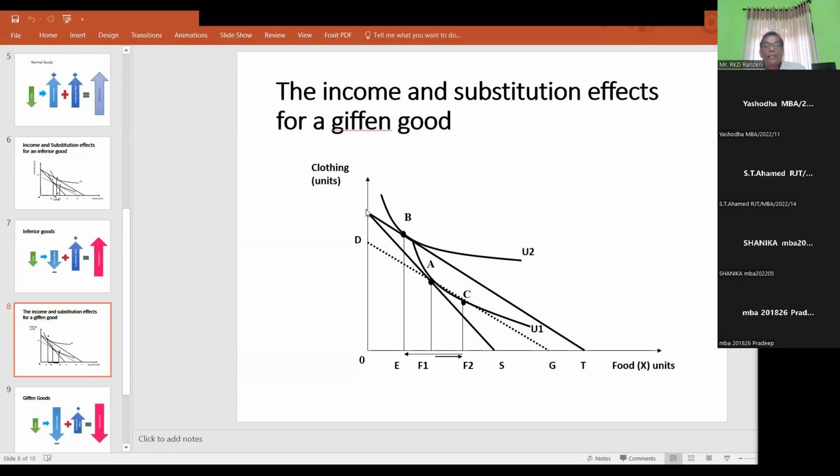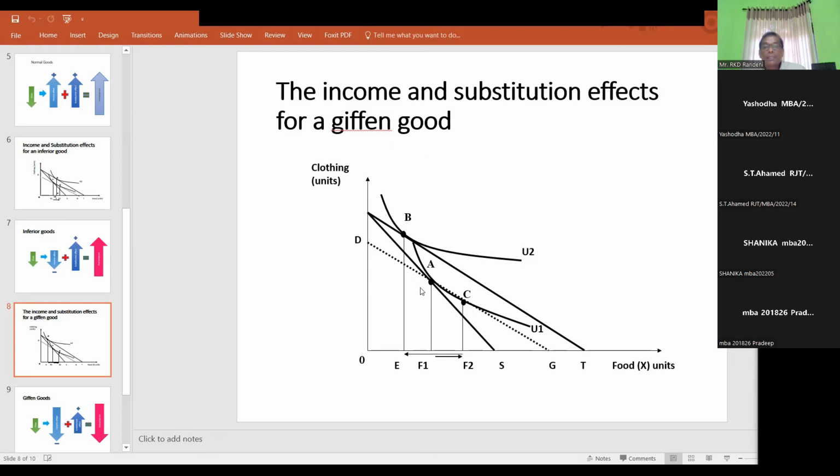We will put here to here the new budget line, that earlier initial budget line. Now indifference curve 1, this is the tangent point. Quantity demanded F1. Then according to the given concept, the price of food X is reduced, so he can buy more of X. This is the new budget line.